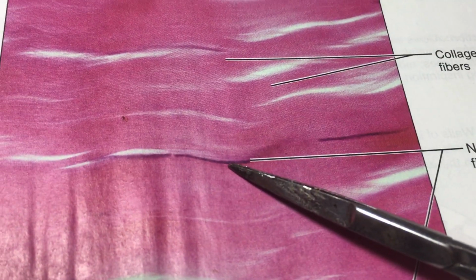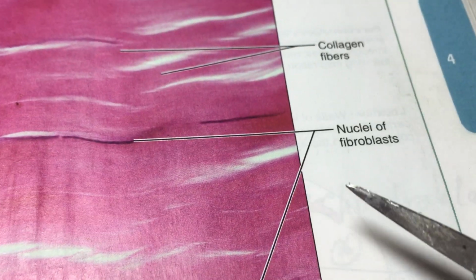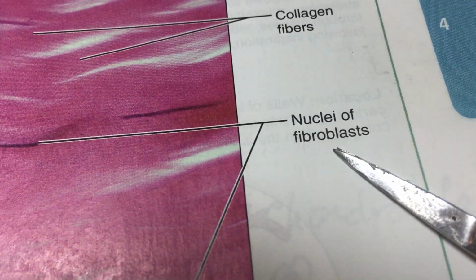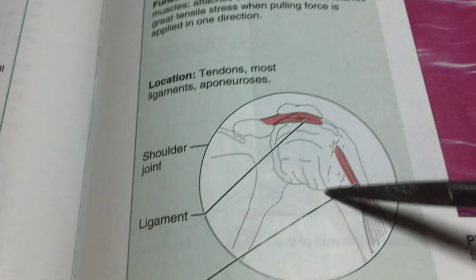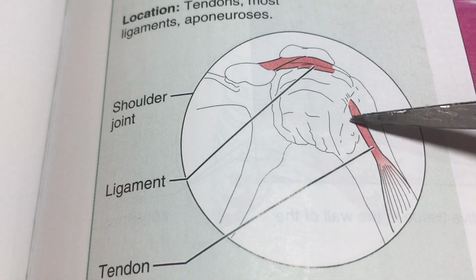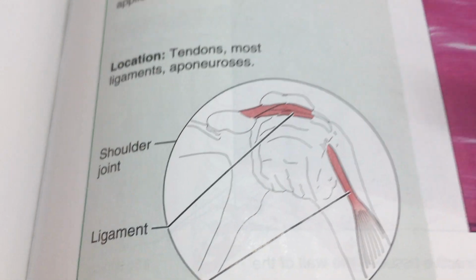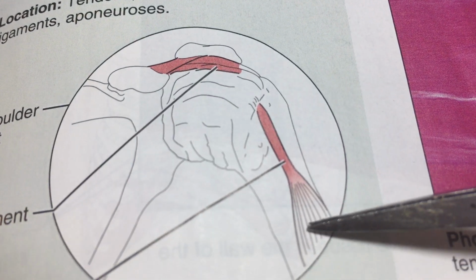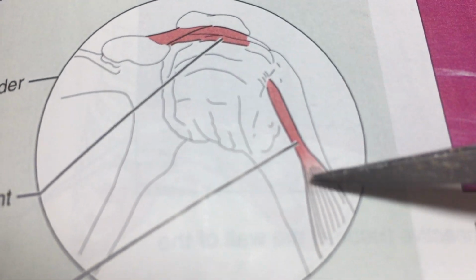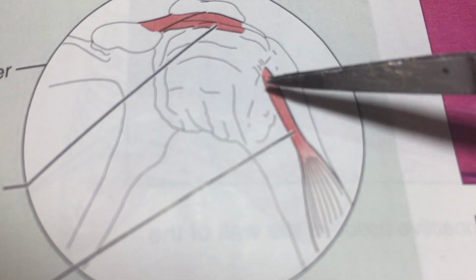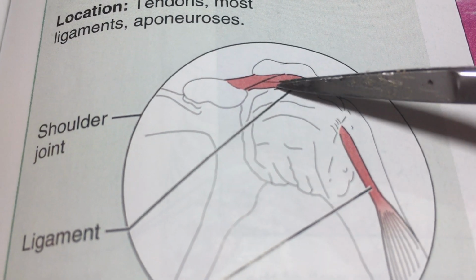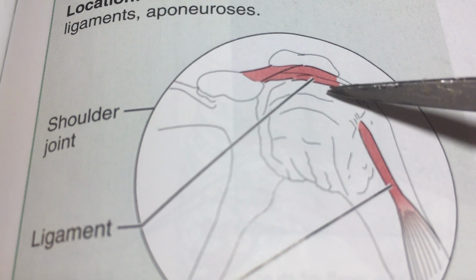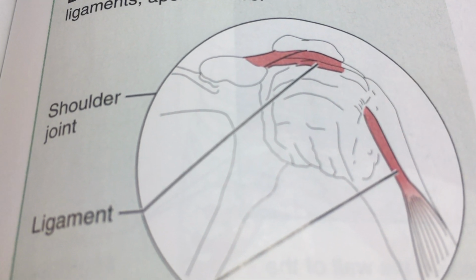We do see a little nucleus here and over here, and those are the fibroblast nuclei. And what we have going on here actually are tendons and ligaments. Okay, so a tendon is what attaches a contractile muscle belly to a bone, and then by definition the ligament is that which connects a bone to a bone.